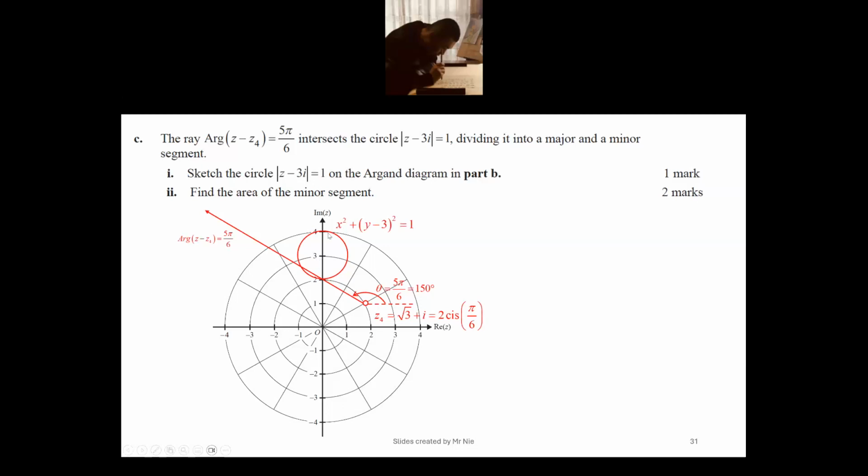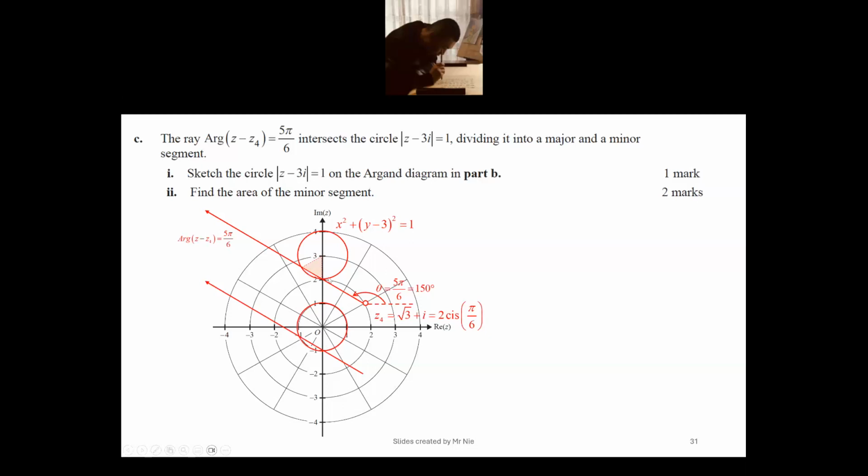So let's say if we translate this circle back to here around the origin, and we can also translate the ray by 3 units down. And then you'll be able to see this is exactly the same triangle as this one, and this is exactly the same segment as the part required.